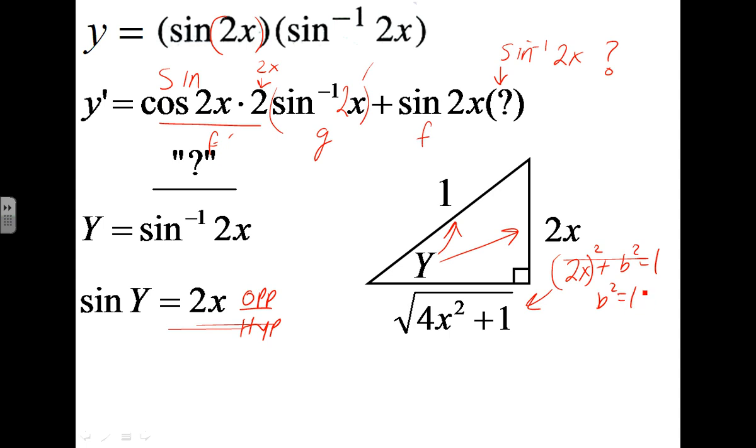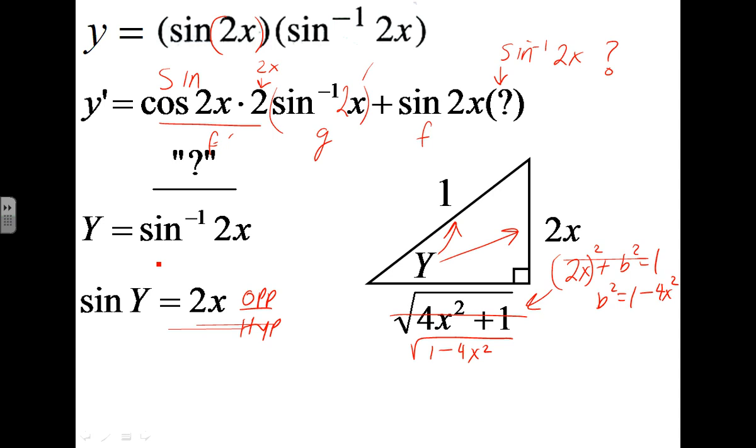B squared equals 1 minus 4x squared, and take the square root. So this side should actually be the square root of 1 minus 4x squared, shouldn't it? Alright, so got that taken care of.